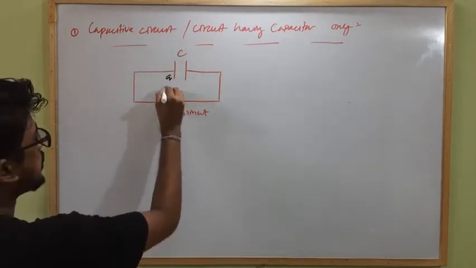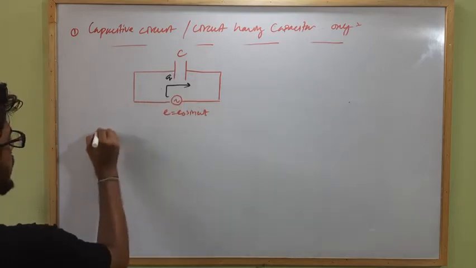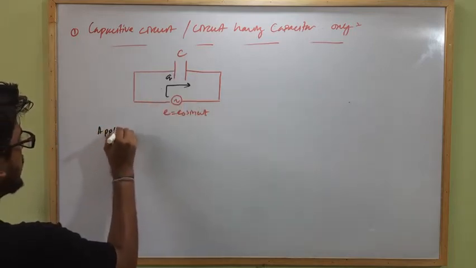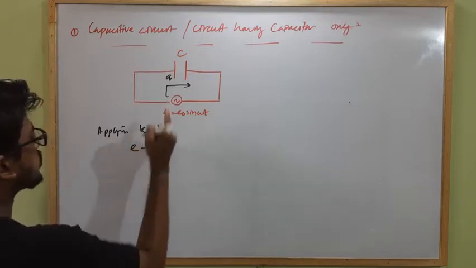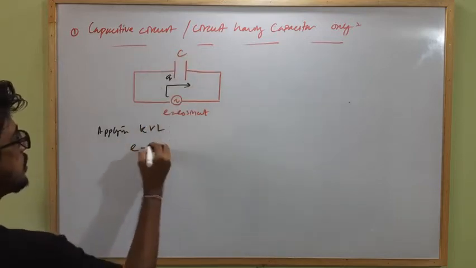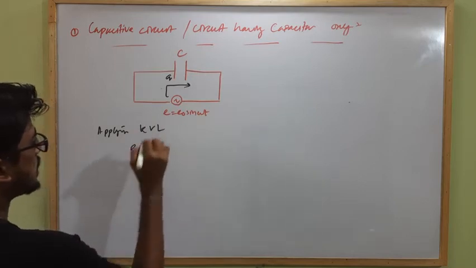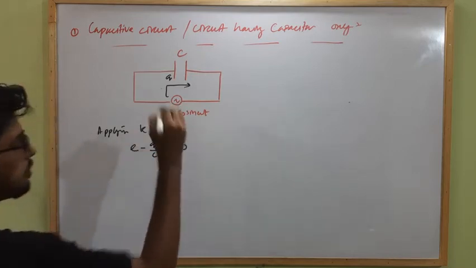If I am applying Kirchhoff's KVL rule, we will get E minus, what is the potential difference across the capacitor? Q by C equal to 0.